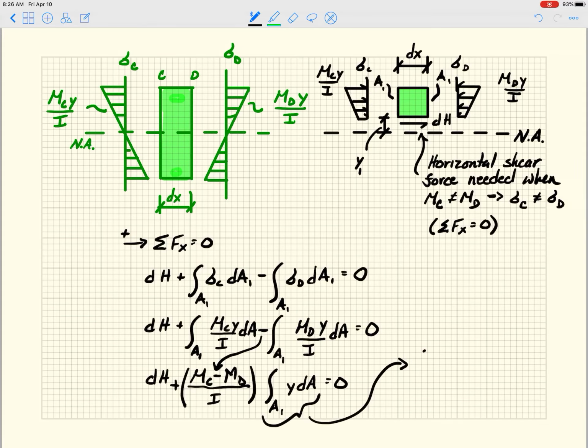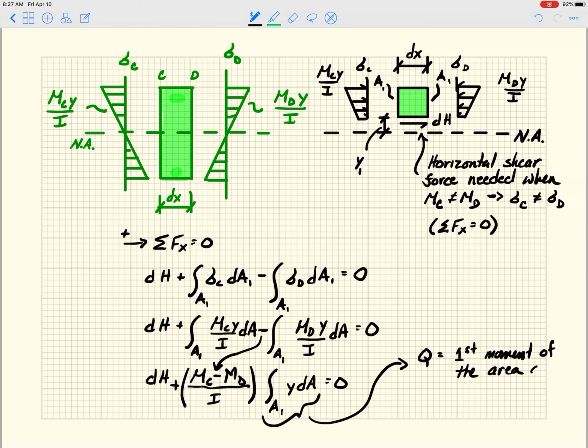So you might not be surprised that we are going to call this Q, and this is referred to as the first moment of the area. So y is your moment arm, and moment arm times area is where you get the moment of the area.